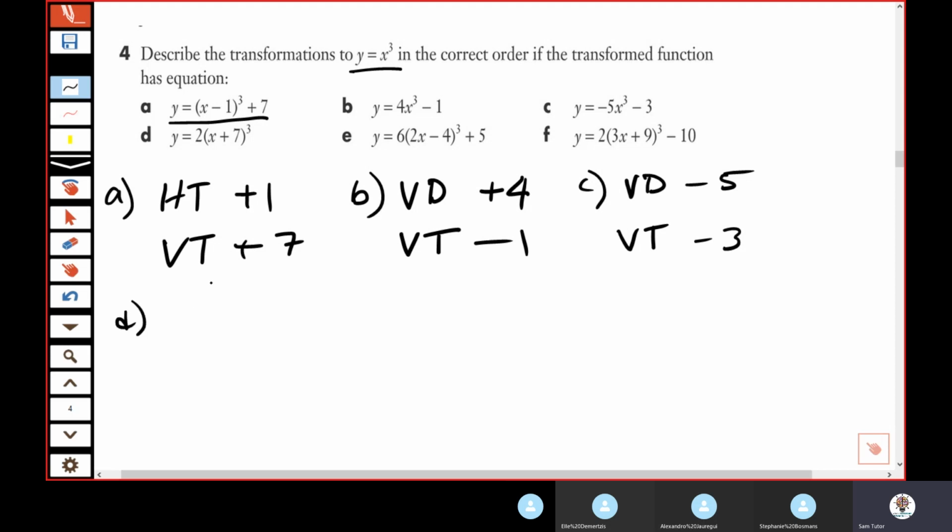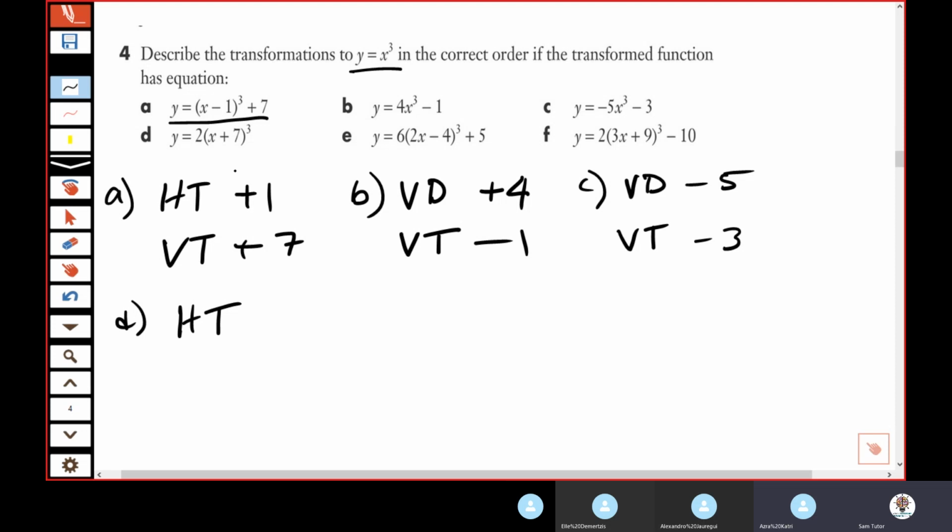D. Azra, you want to give it a shot? So again, you're starting at x cubed. How would you get to this bit? What would be your first step? Let's say if it was x plus 7. That should be your first step. Would it be horizontal translation? Correct.